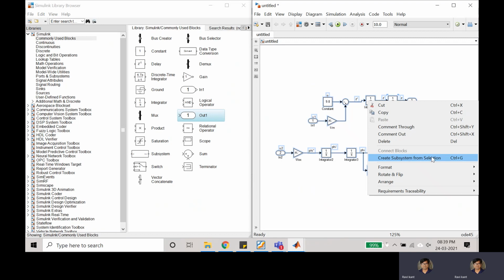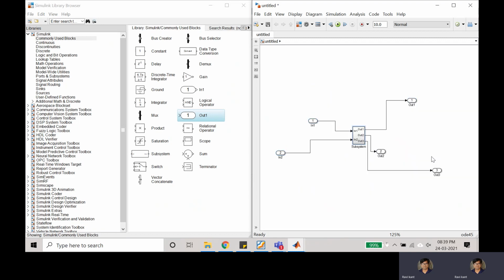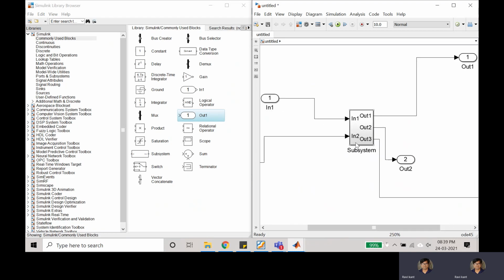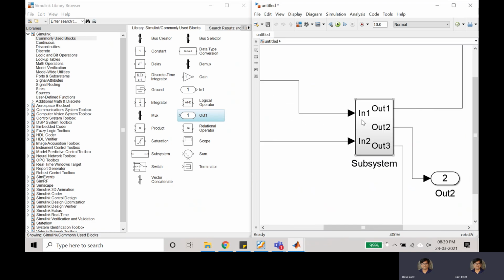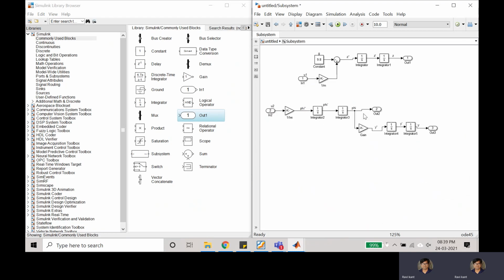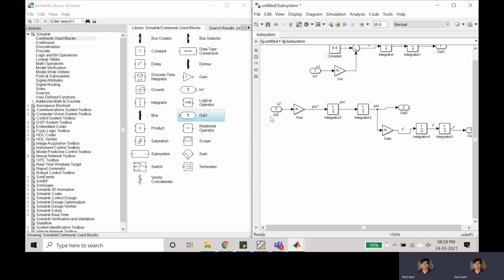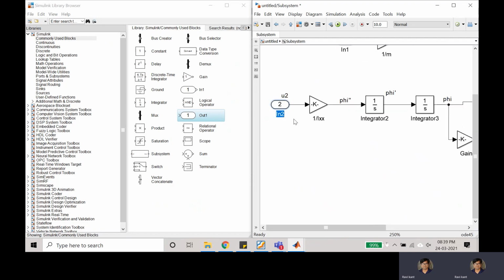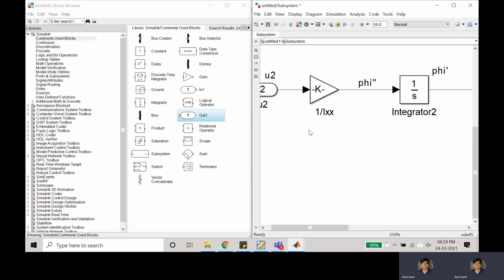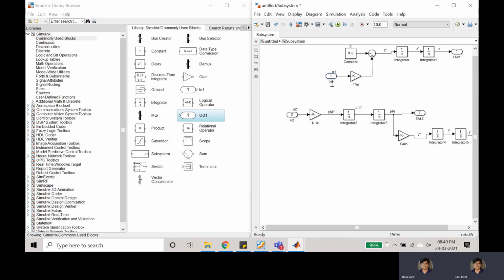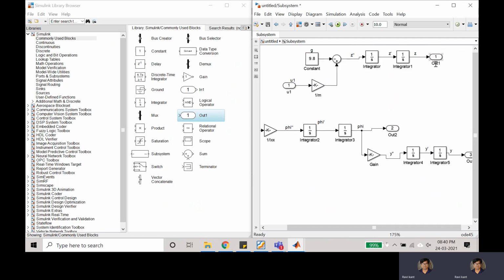What I am going to do is select all of these, right click, and create subsystem from selection. It will make one subsystem like this. Okay, so we should write here U2, and this as U1. It will all automatically be reflected there.